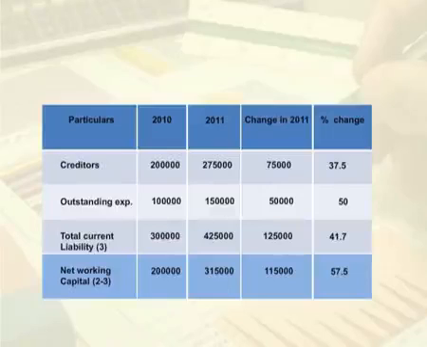Then due to increased sales, debtors and stock amount, there is an increase in need for working capital. Working capital, that is current assets minus current liabilities, signifies the liquid capital or short-term capital required by the firm. In our example, working capital has increased by 57.5%, which is a significant increase.